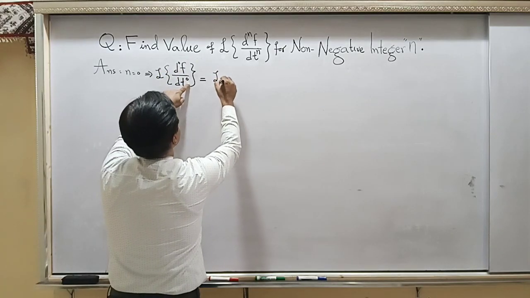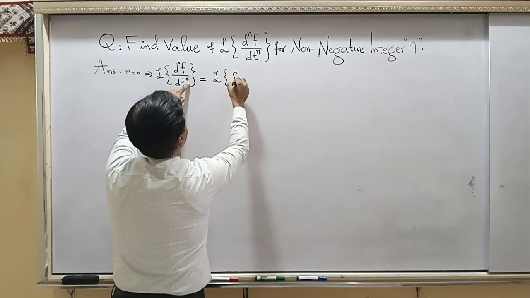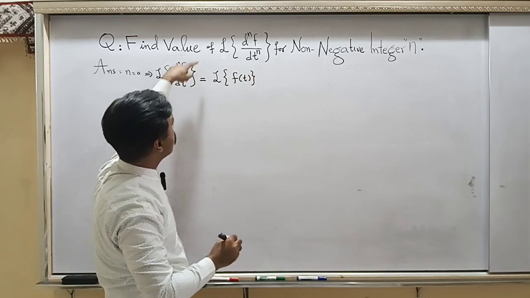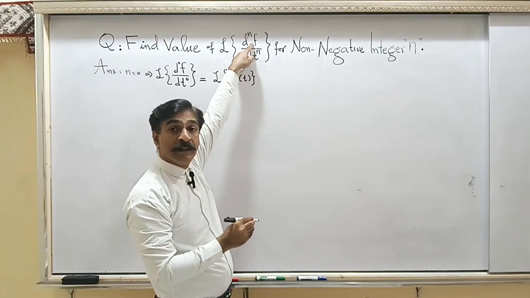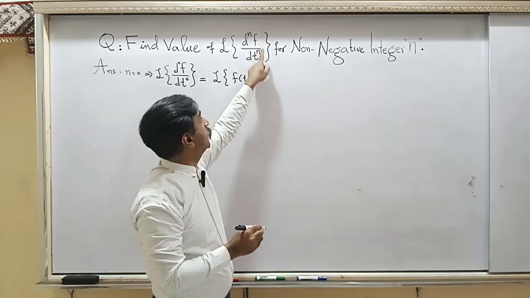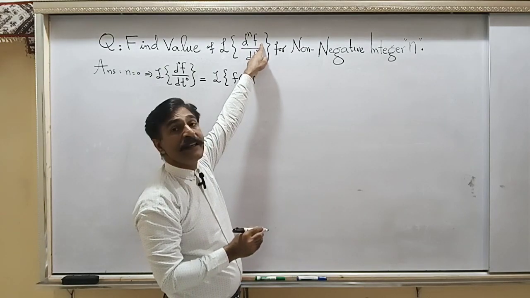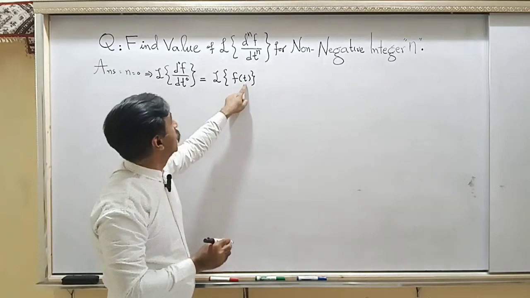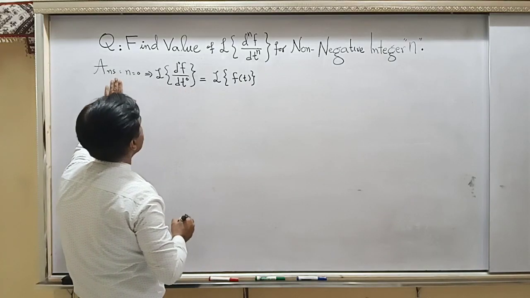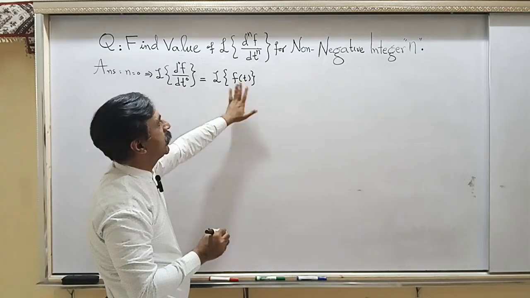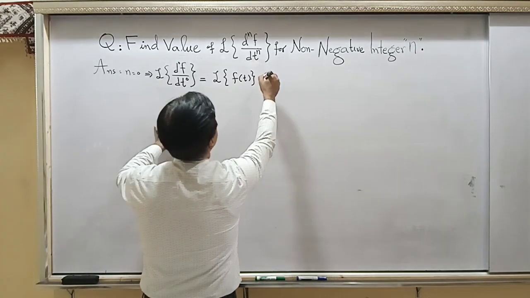So it is the Laplace transform of f, and f is a function of t. This is visible from the given question. You are differentiating the function f with respect to t. This means f is a function of t, and that has been written here. So for n equal to 0, the Laplace transform of the nth derivative means a simple Laplace transform.